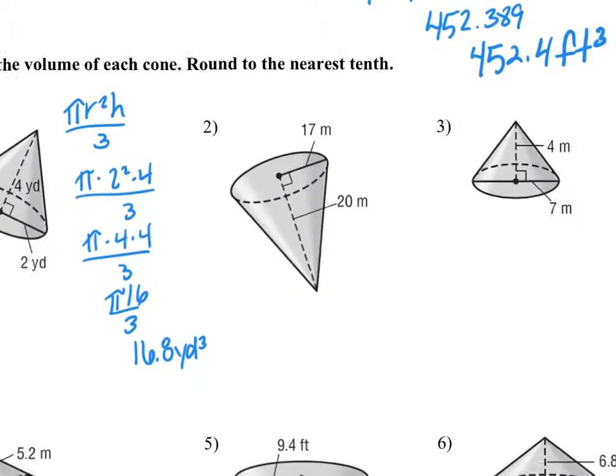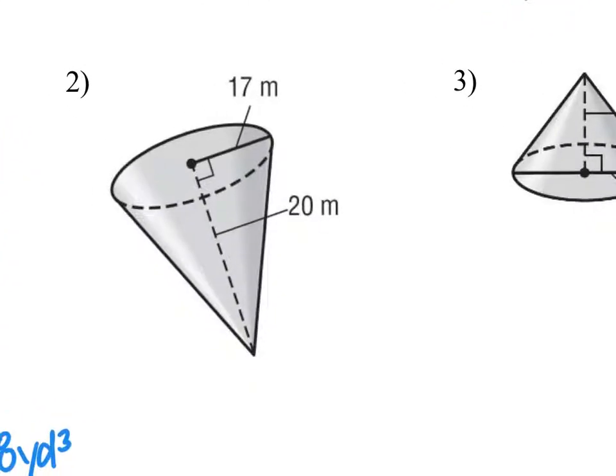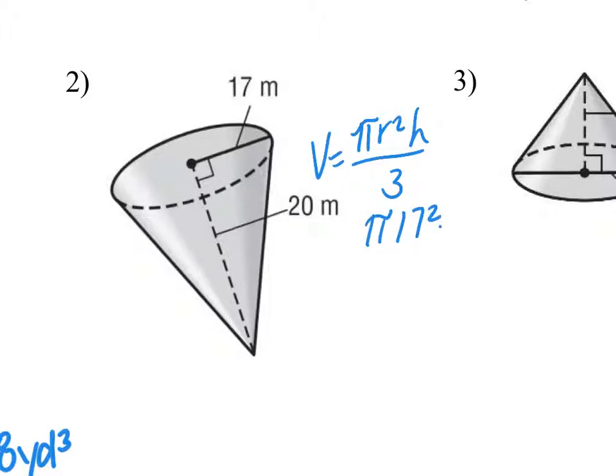Okay. Number 2. Pi r squared h divided by 3. So pi times 17 squared times height 20 divided by 3. 17 squared is 289. Pi times 289 times 20 divided by 3.